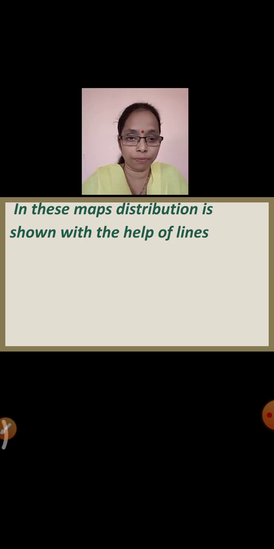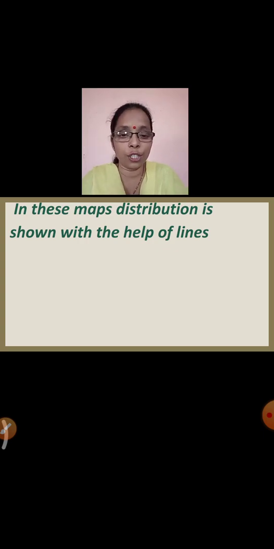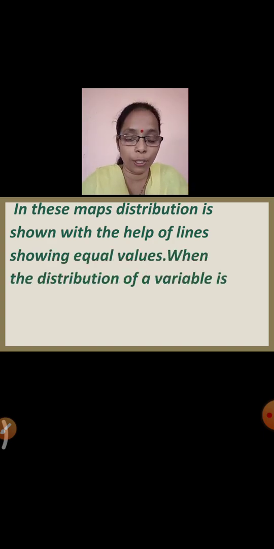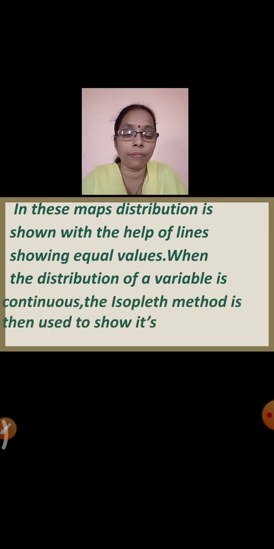And in isopleth method, it is shown with the help of lines showing equal values. When the distribution of a variable is continuous, you will find the isopleth method is used in order to show its distribution.